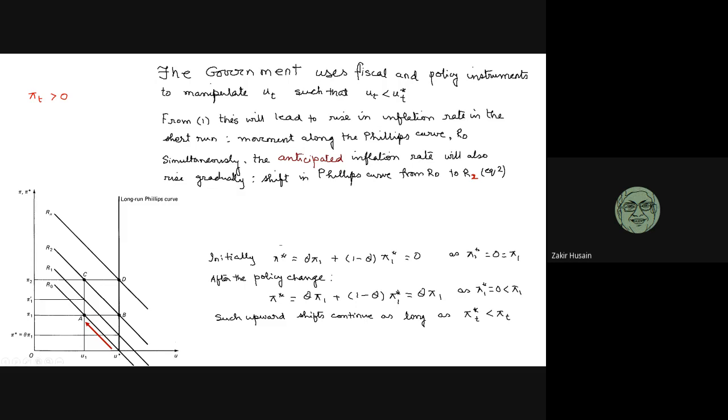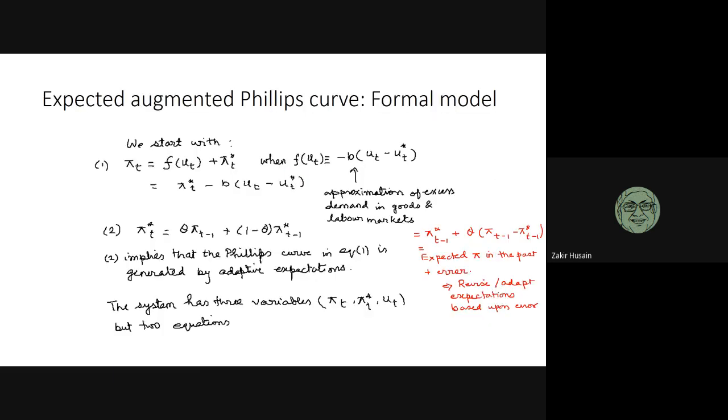And the economy moves to A. Now, simultaneously, based upon equation 2, this is no longer 0. This was initially 0, right? So if it is 0, then it's easy to see that what we had assumed was if this is 0.